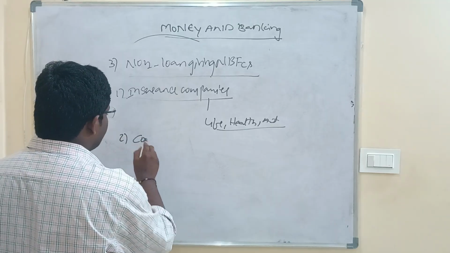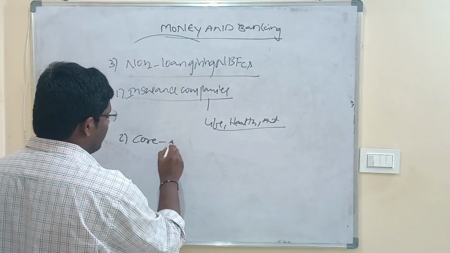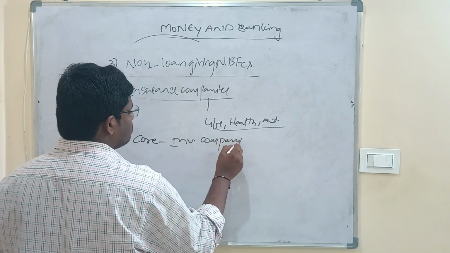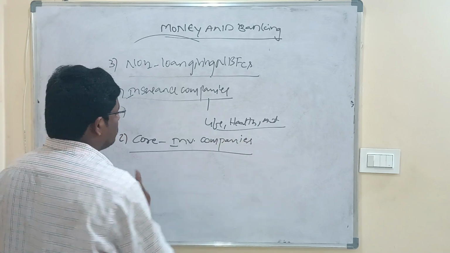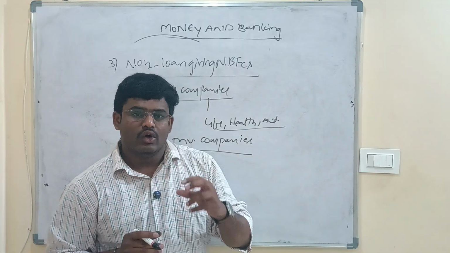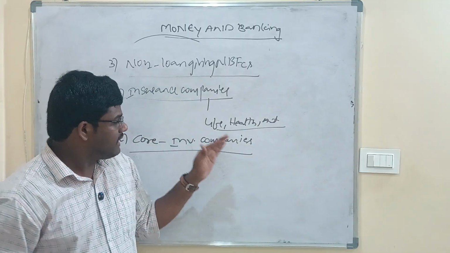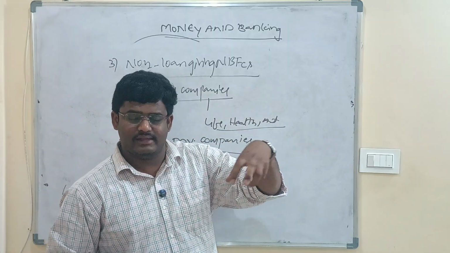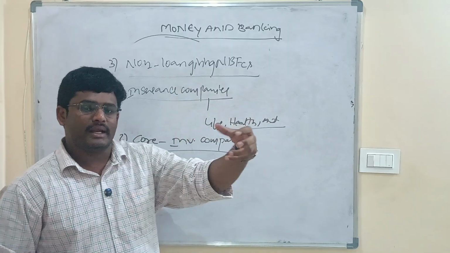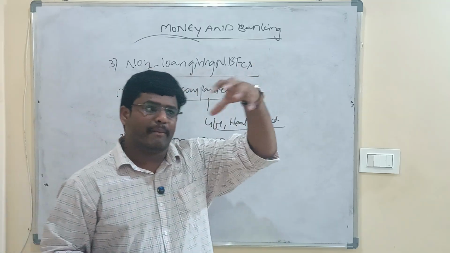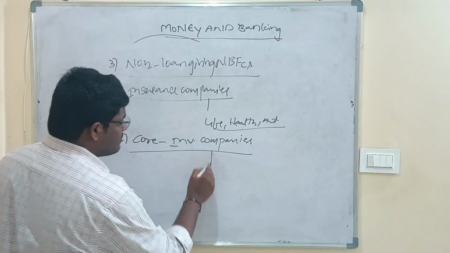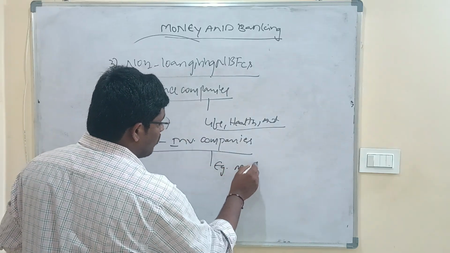The second type of non-loan giving NBFCs is core investment companies. Core investment companies are the companies that buy the shares and bonds of another company. Instead of giving loans, they buy the shares and bonds of another company. The best example is mutual funds.